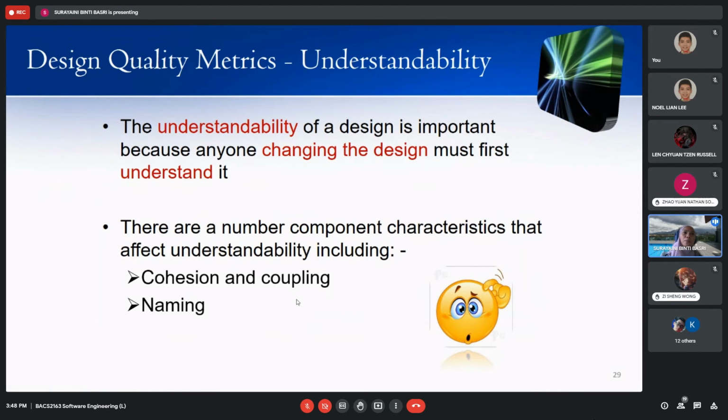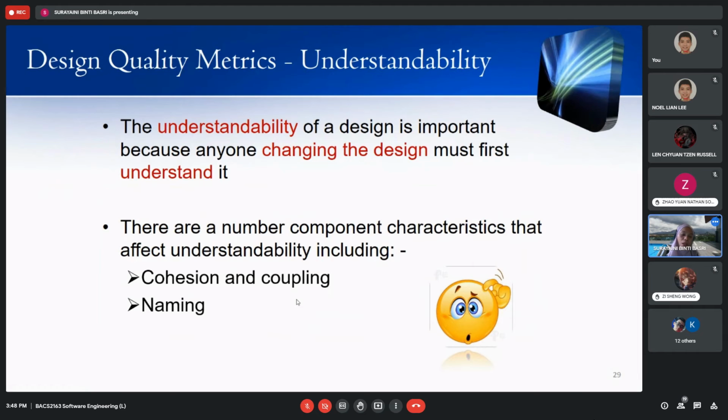If you name each of your subsystems, modules, or components inside your system with useful or understandable terms, your design has a good understandability feature.